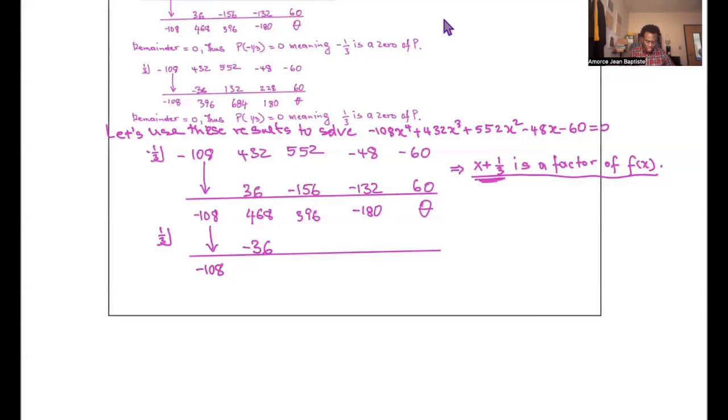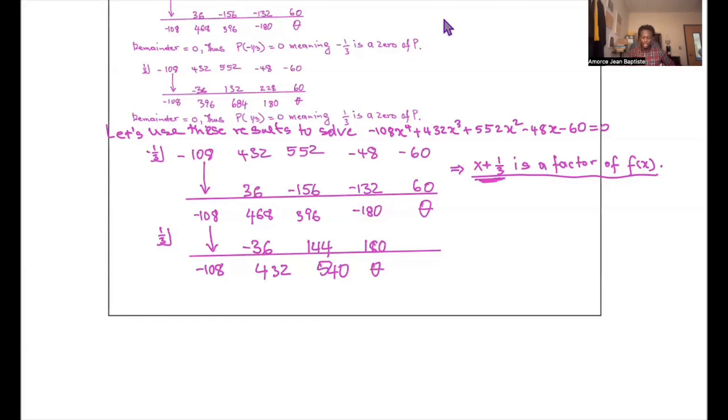That is 432. We will multiply by 1/3. That is 144. We add it with 396. That is 540. We multiply by 1/3. That is 180. And then that is 0.